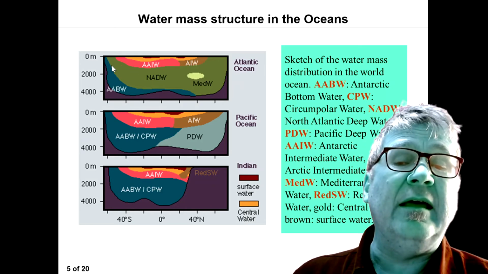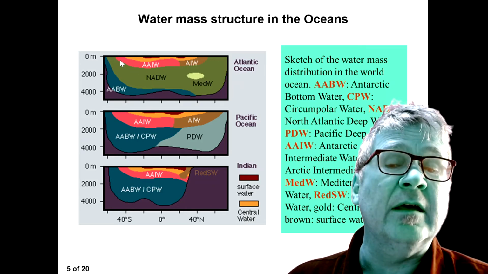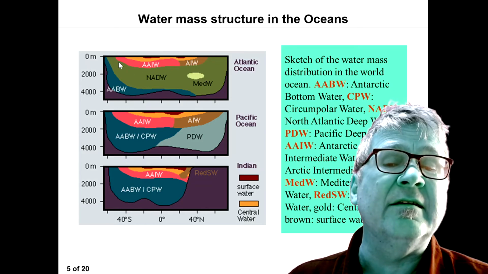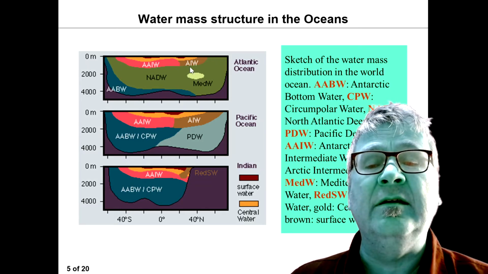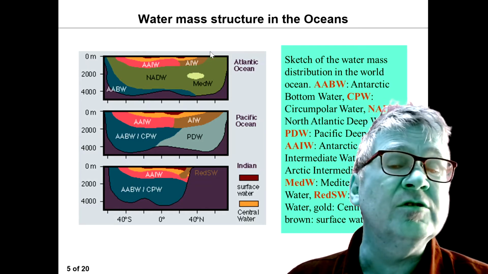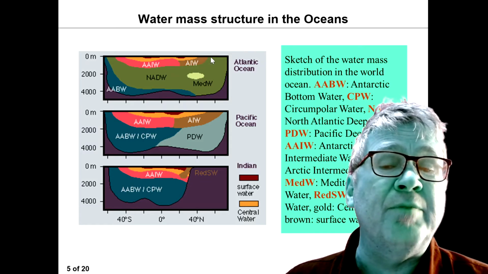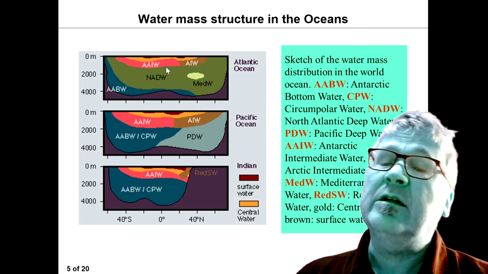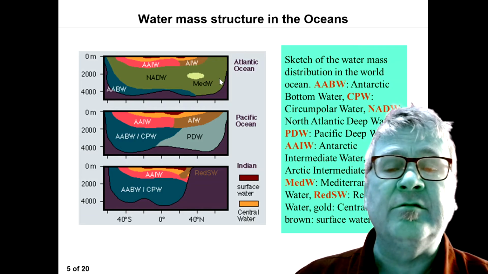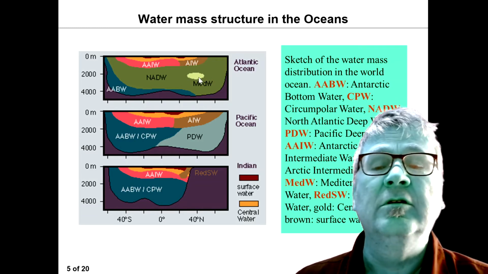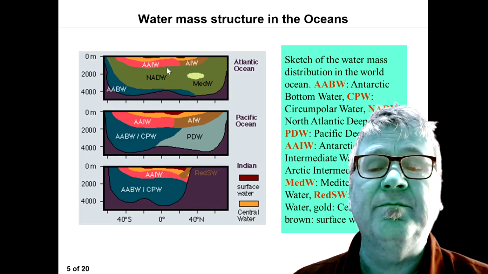Then we have intermediate water, called Antarctic Intermediate Water or Arctic Intermediate Water, also coming from the surface and then pumped into the ocean interior. And in the North Atlantic, we also have the Mediterranean water outflow.